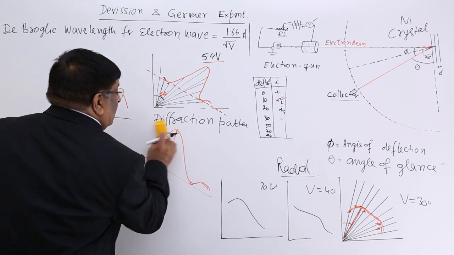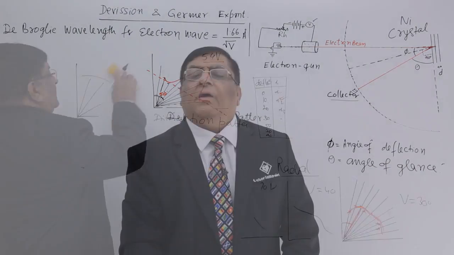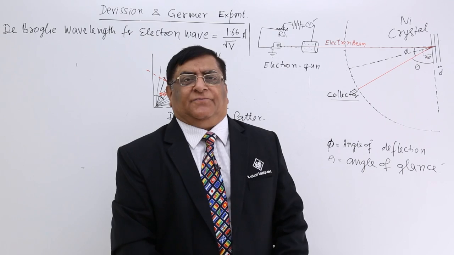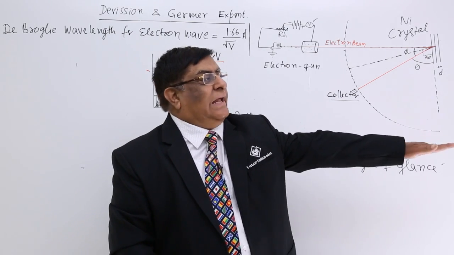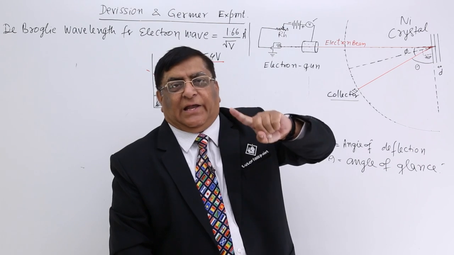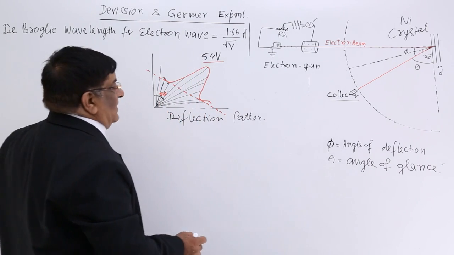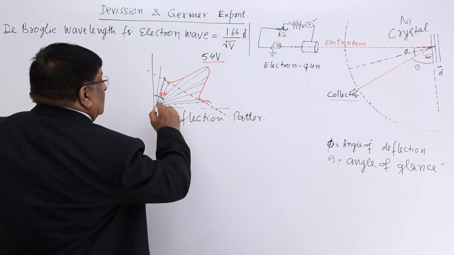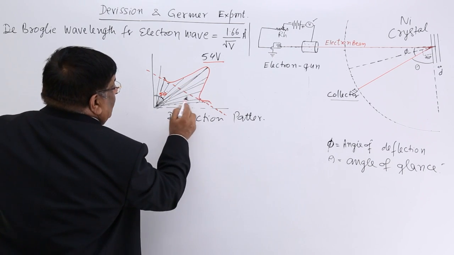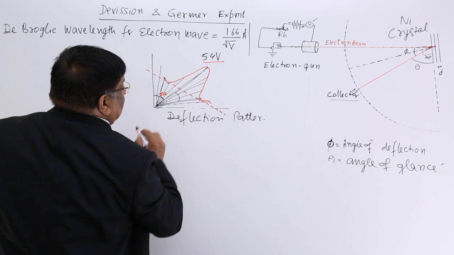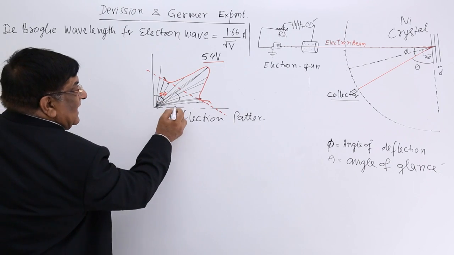The formula for wavelength: we have seen the experiment of diffraction, and in that we know the elevation of first dark from the central line, this angle.